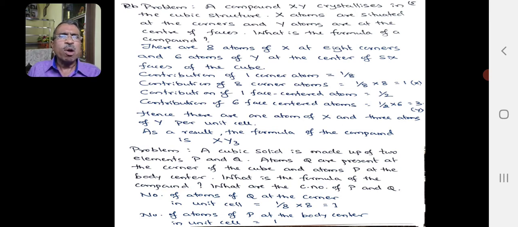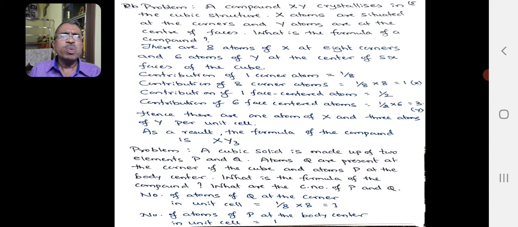Coming to the first problem, a compound XY crystallizes in the cubic structure. X atoms are situated at the corners and Y atoms are at the center of faces. What is the formula of the compound? Now, there are 8 atoms of X at 8 corners and 6 atoms of Y at the center of 6 faces of the cube.